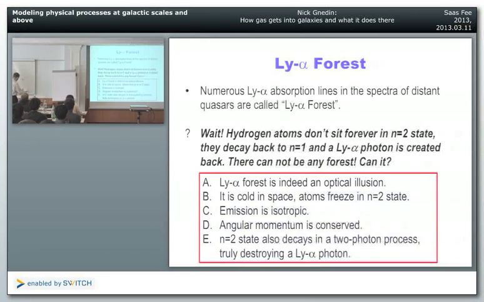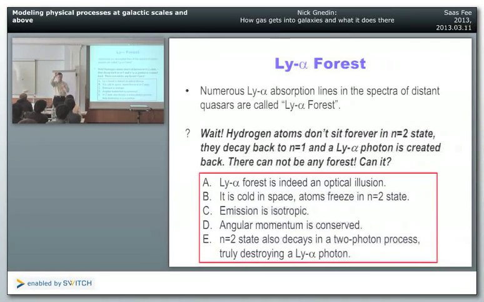So now if you think about this, it kind of doesn't make sense, right? Because if you take a hydrogen atom and you have a photon, you point it toward the atom and hit it. The atom goes to the n equal 2 state. It lives there for a tiny fraction of a second, and then it goes back. Right? Because you cannot live forever in the excited state.